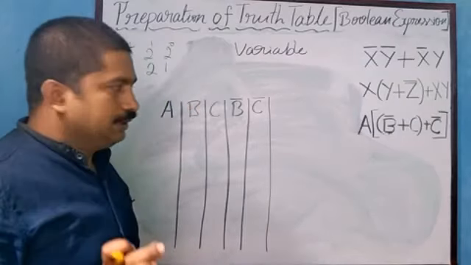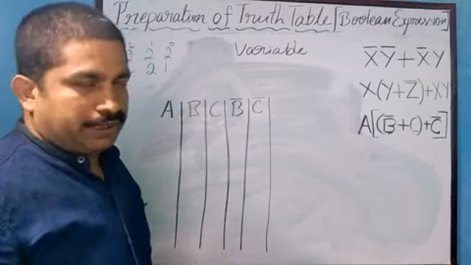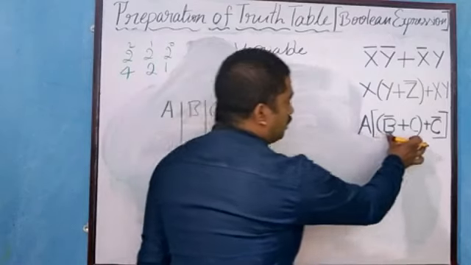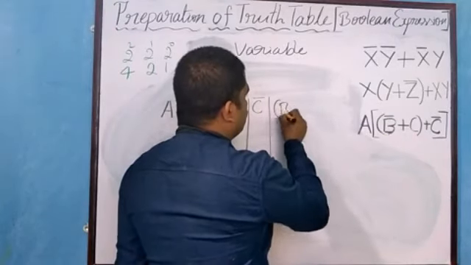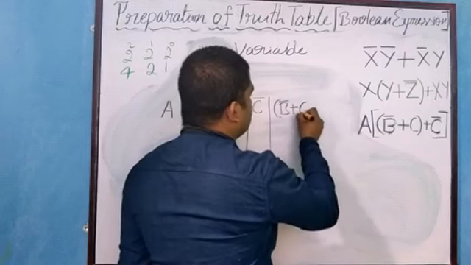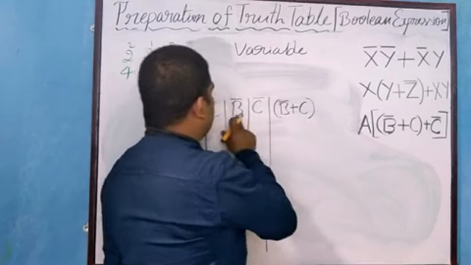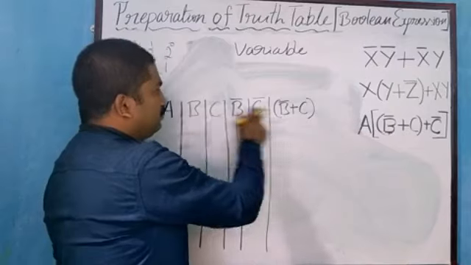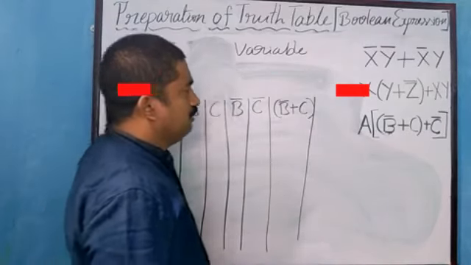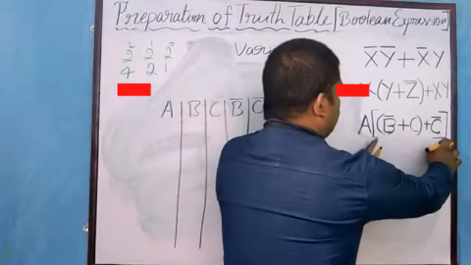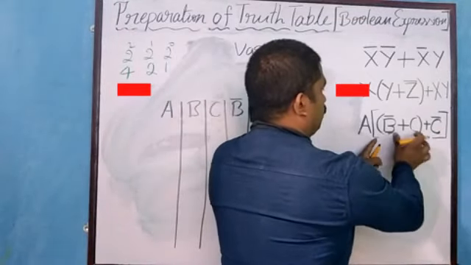Okay. So then find the inner bracket. So go for the inner bracket, this one. First solve this one, that is b complement plus c. Because we have b complement here, we have c. We can find b complement plus c. Then solve the outer bracket. We have two things.